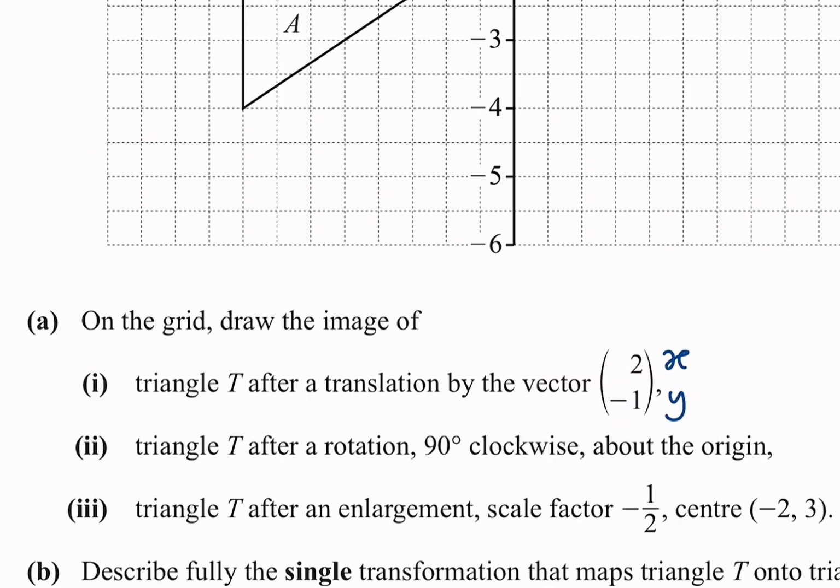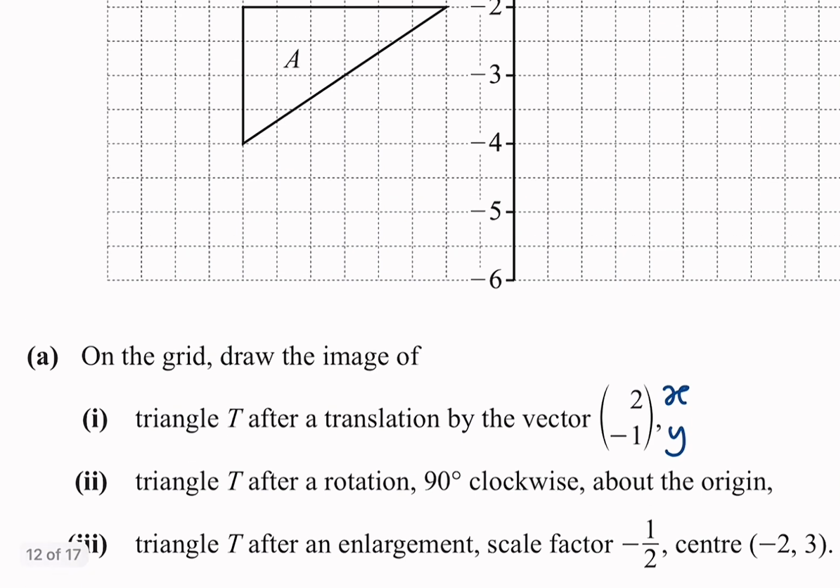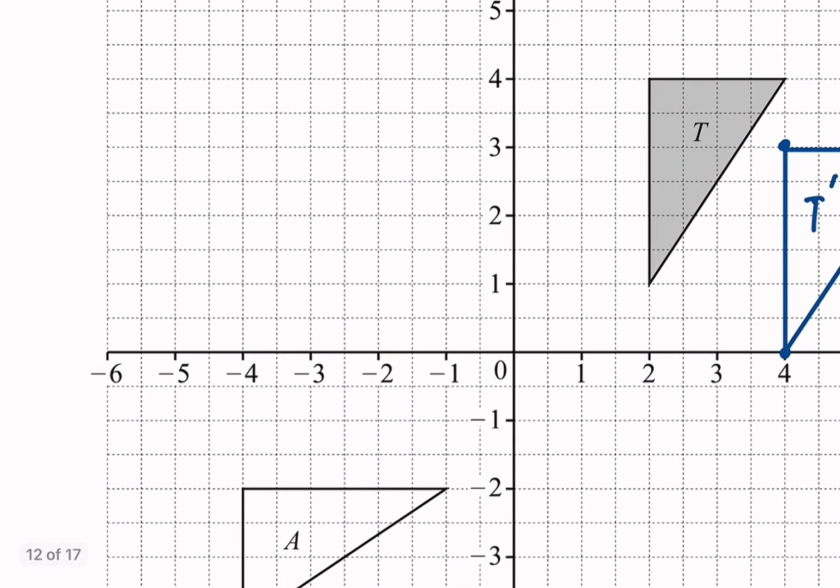Next, draw the image of triangle T after a rotation 90° clockwise from the origin. Therefore, the first thing that I suggest you to do is place your tracing paper on your exam cushion.